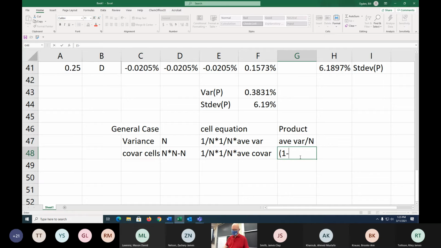So that's going to leave you with 1 over N, times the average covariance.